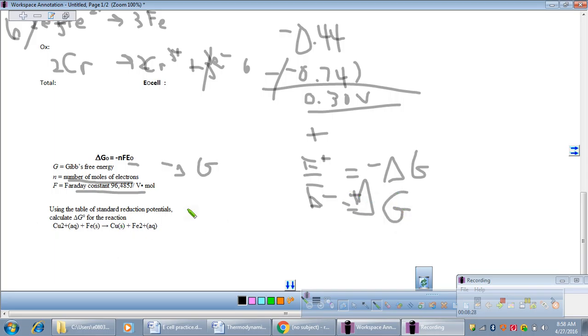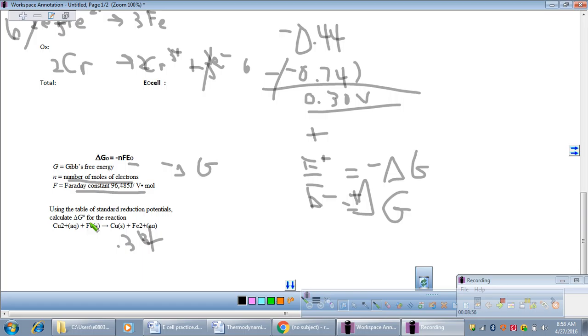All right, so let's try one. It's pretty easy. So using your standard reduction potentials, calculate delta G. Well, first we have to get our E cell and then plug it in. All right, so the E cell for that reaction, if you look it up, for the one being reduced, which is copper, copper's reduction potential is 0.34.